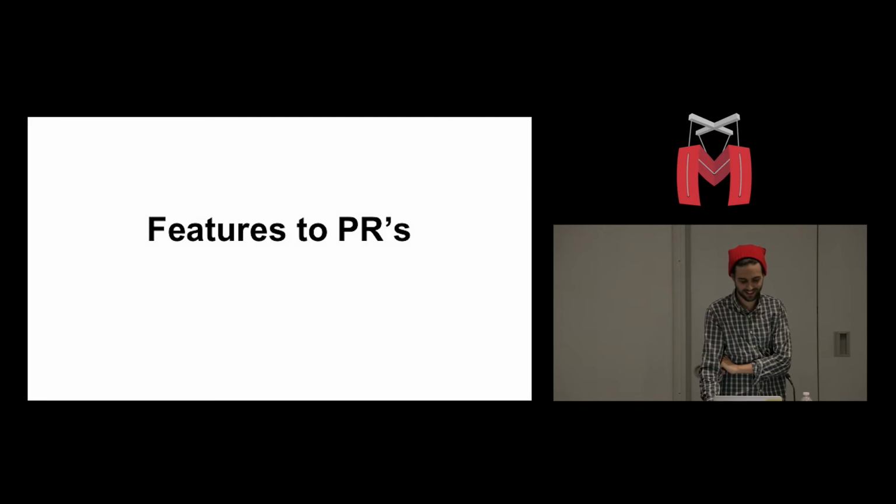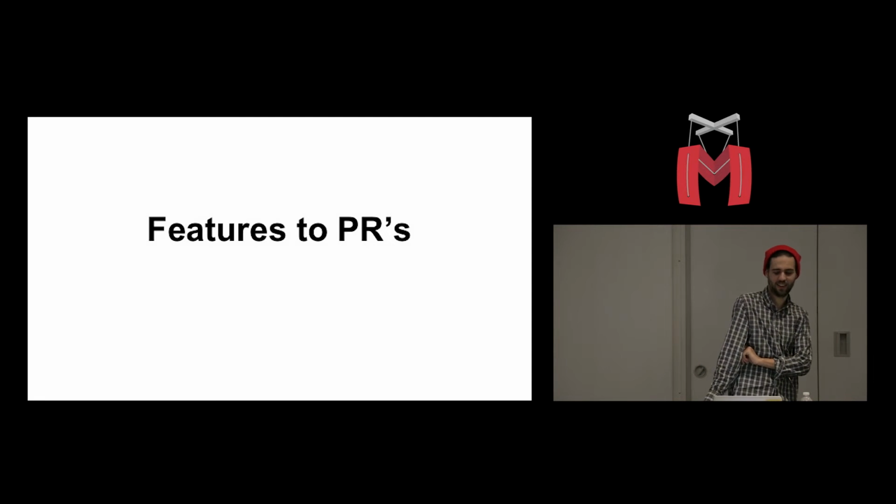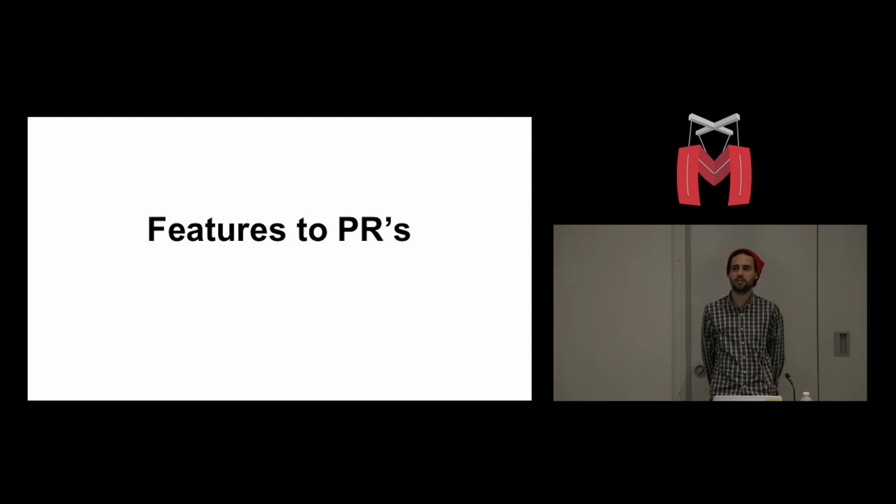It's tricky. The path that we use is approaching pull requests from a features perspective. And features, you might think of it as, I want my list to be sorted. This was a big one.